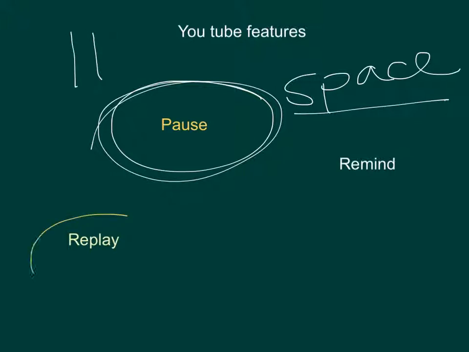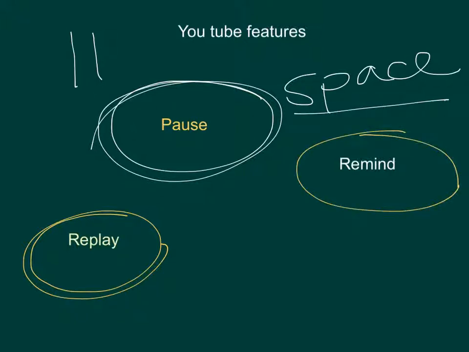You also have a feature to always go back and replay a video. The videos are there forever. So if you watch a video and you don't quite grasp the concept, you can go back and watch it again. If you've moved on to another unit, but you want to go back and review something, you can go back. You can also rewind at any given point.